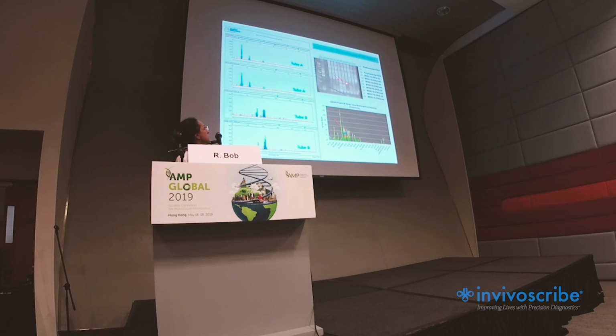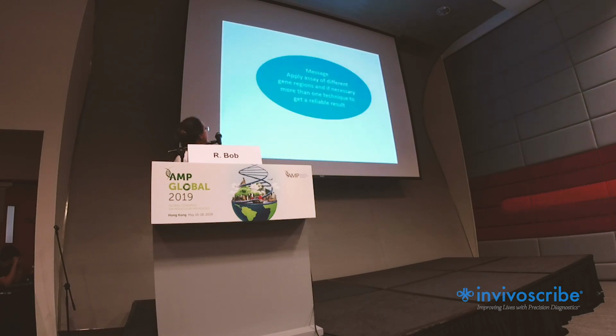What's the reason? Is it true? Was it a clone that we didn't pick in the second tube? Or is this one true and that one was a pseudoclone? So it's tricky when you are not sure with fragment analysis and heteroduplex electrophoresis. I always recommend to apply NGS analysis.